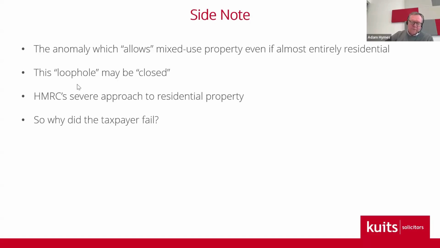And because HMRC's approach to residential property is generally much more severe than commercial property, due to historic reactions to some perceived or actual abuse of the SDLT system in the early days of the regime, taxpayers have naturally sought to mitigate tax liability if they can legitimately claim any part of the property as being not strictly residential. And that is what the taxpayer sought to do in this case. So why did he fail? What was the issue here?